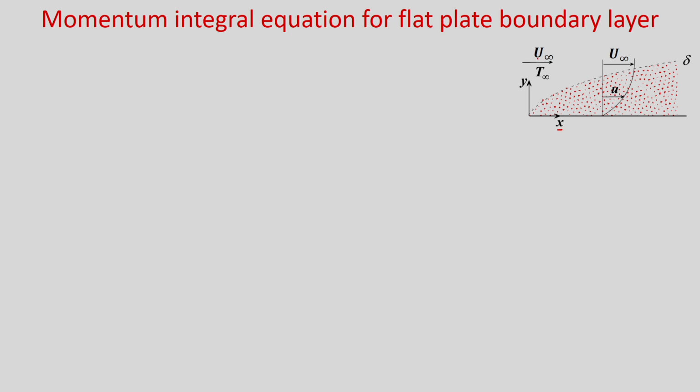You have free stream velocity u infinity and free stream temperature T infinity, and this is the edge of the boundary layer, and this is the boundary layer thickness delta, obviously the hydrodynamic boundary layer thickness. The velocity profile will vary like this, where u is a function of x and y, and u infinity is the free stream velocity. So, let us write the governing equations.